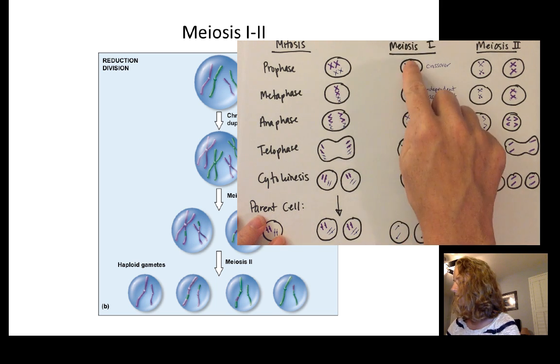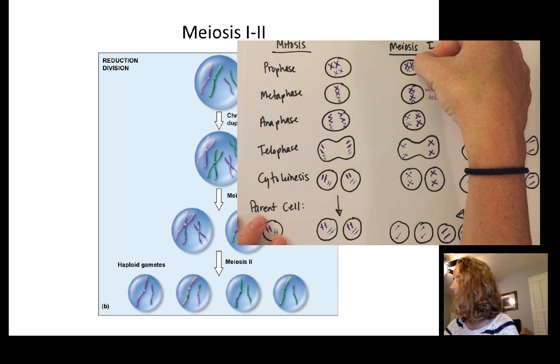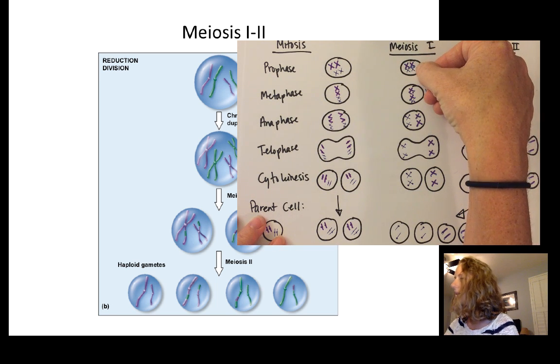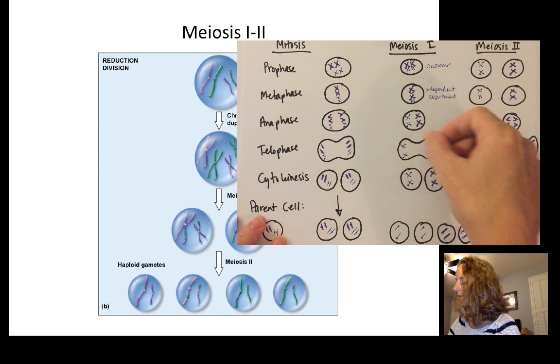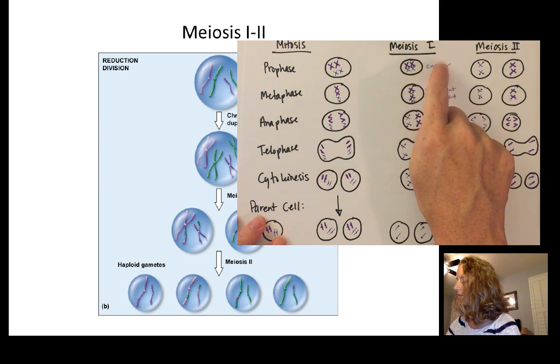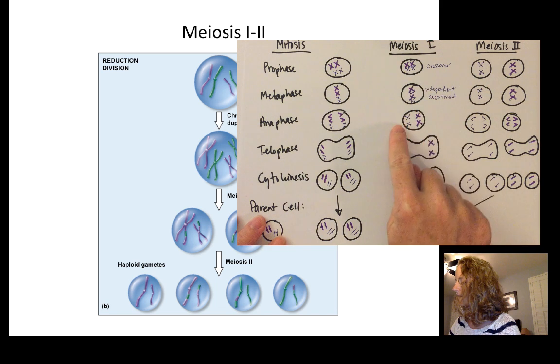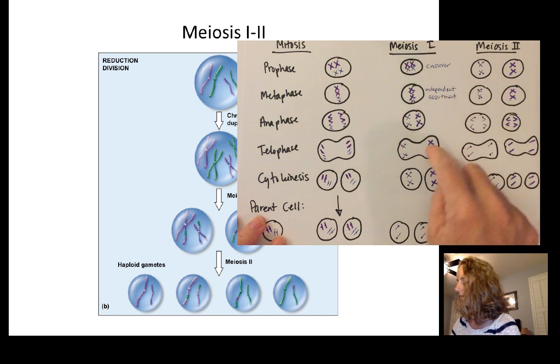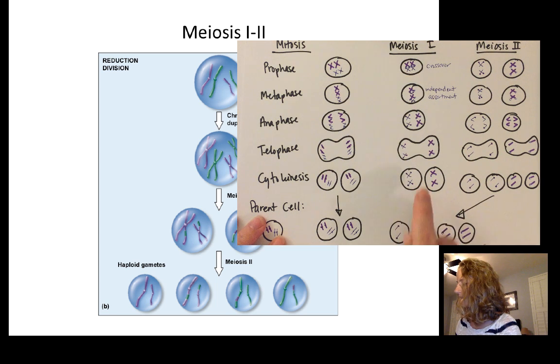So here, the way I've drawn it, the purple is a mom copy of chromosome 1, the blue is a dad copy of chromosome 1. They cross over and swap genes, and then they assort completely independently of maternal and paternal origin, such that they can be very different in meiosis 1.